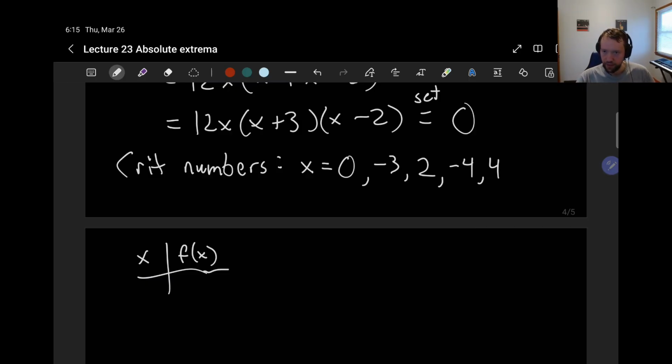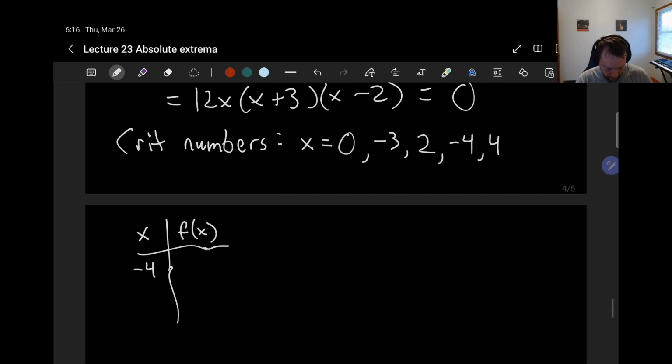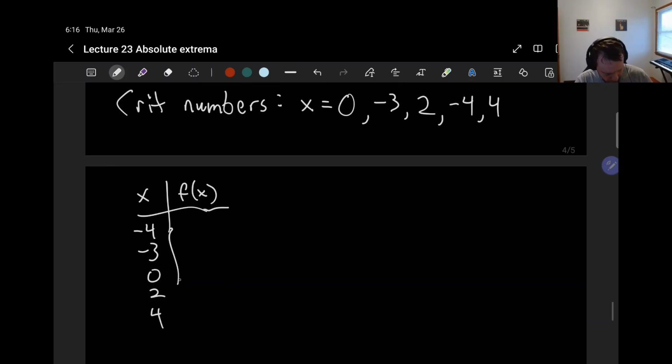And we're not going to do the first derivative test nor the second derivative test. We don't need to. Those will help you find local extrema. But for absolute, I just need to plug these numbers in and compare the y values. That's it. I like to write them in ascending order.